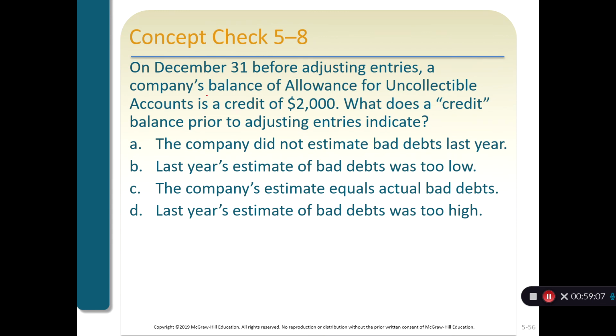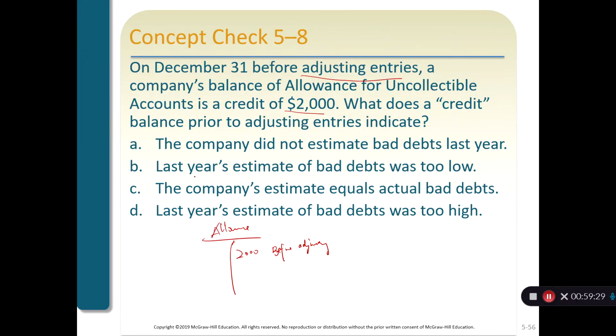Okay, a concept question. On December 31st, before the adjusting entry, the balance of the allowance for uncollectible accounts is a credit of 2,000. So the allowance account has a credit of 2,000 before adjusting.